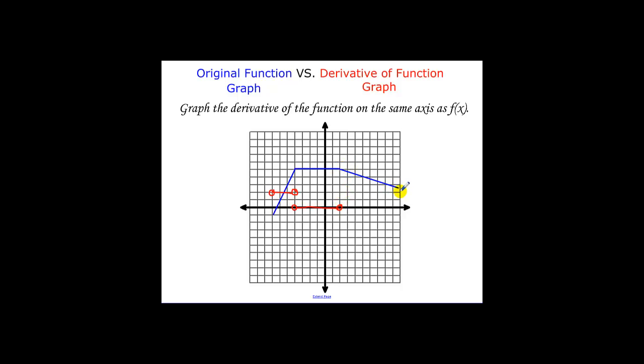Then from 2 over here to 10, what does it appear our slope is? Well, we're negative, and we go down 1, but over 1, 2, 3. So that's going to be a -1/3.